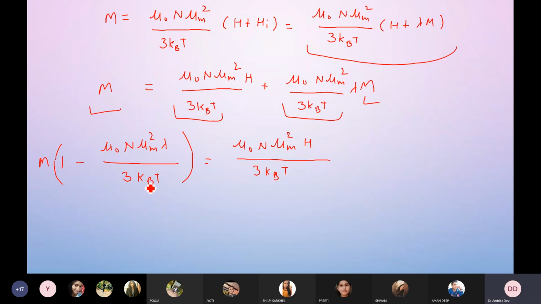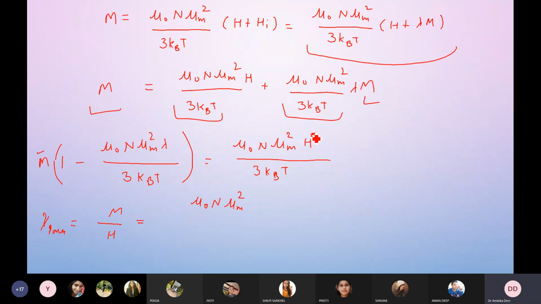Okay, now see, ultimately I have to talk about the susceptibility, and susceptibility for paramagnetic material is equal to M upon H. So M is here and H is here, we are keeping them together, and then other terms we will keep on the other side. So this will be equal to mu naught N mu M square.